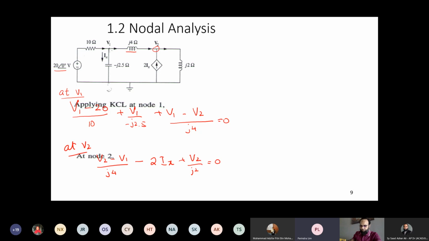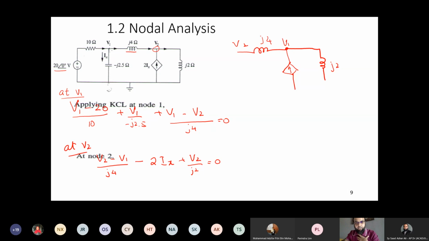Okay. Once again, let me draw it again. J2 and J4.